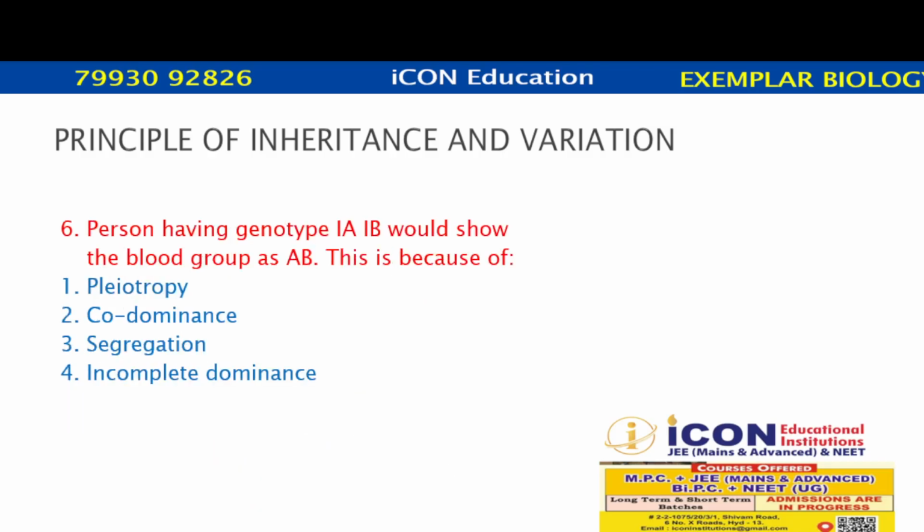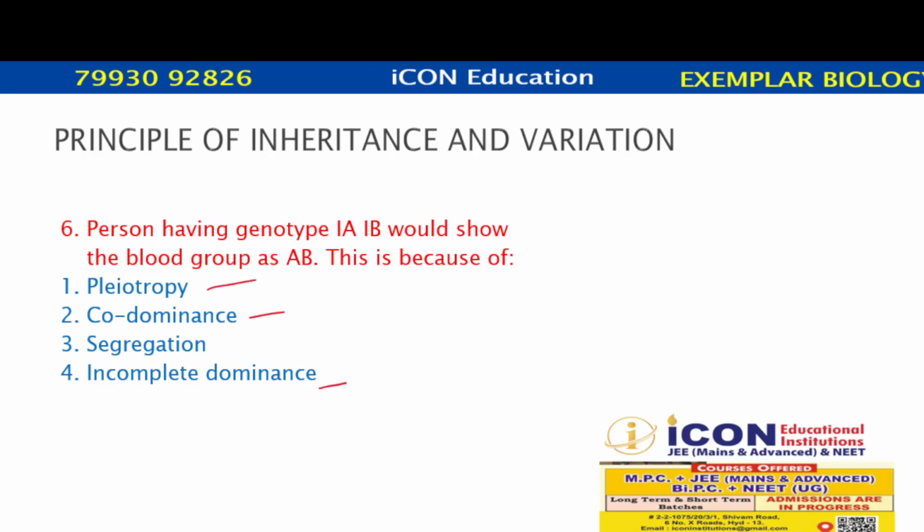A person having genotype IA-IB would show the blood group as AB. This is because of pleiotropy, codominance, segregation, incomplete dominance.